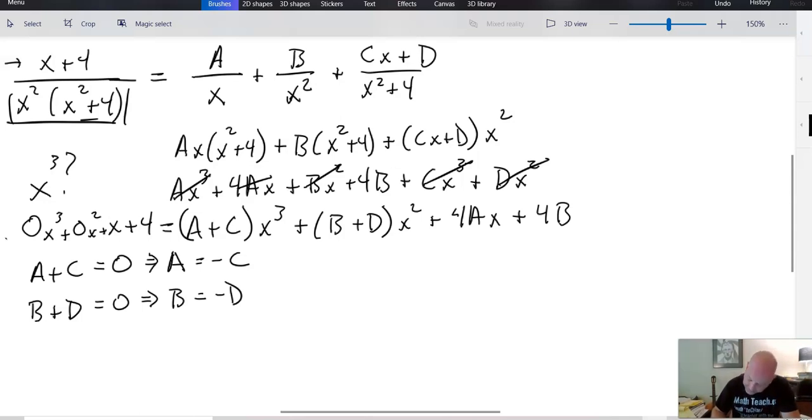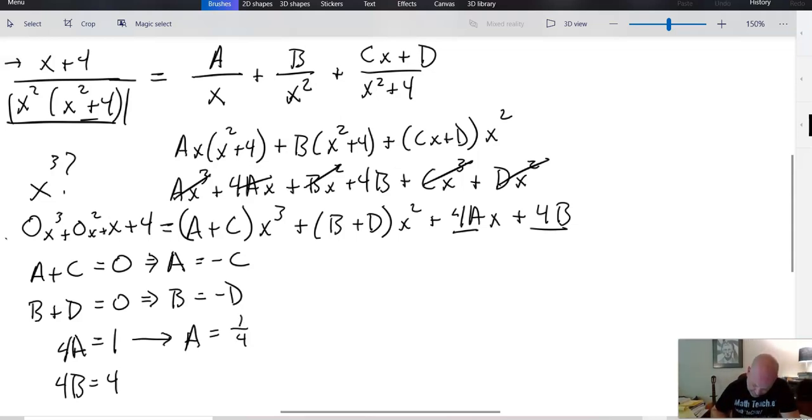And then let's see here. So here we have the coefficient of x is 1, and I only have 4a as a coefficient of x. So 4a equals 1. So that's used now. And then 4b has to be equal to 4. Well, this one right here tells me that a is equal to 1/4.